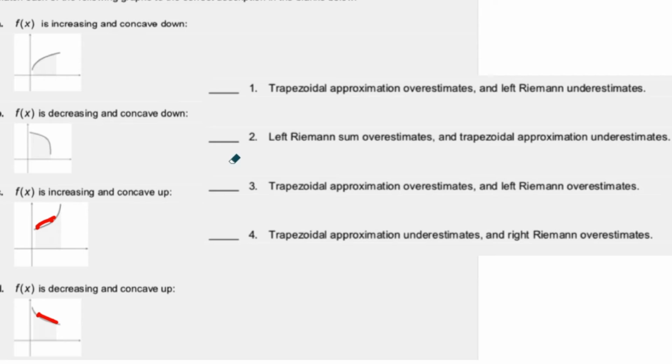So then let's look at the next part here. The left Riemann sum underestimates. If I do a left Riemann sum for this one, you can see that this is an underestimate, right? There's some gray area left in there. So that's C, which means that this one has to be D, but let's verify. The right Riemann sum overestimates.